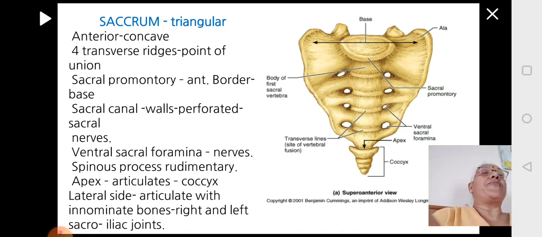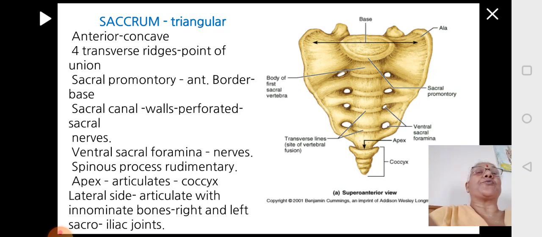So what you have to remember here is that the 5 sacral vertebrae are fused to form the sacrum, which is triangular, apex pointing downward, base facing upward. You can see the sacral promontory where the sacrolumbar joint will be formed. Then you can see the sacral canals and sacral foramina through which the nerves will pass.